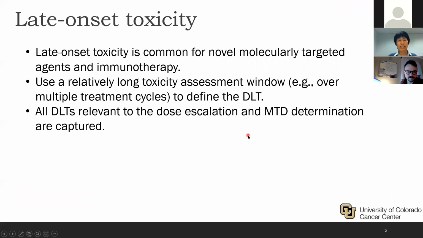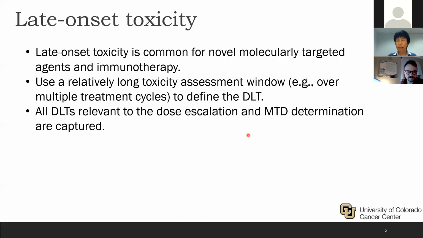Late onset toxicity is common for novel molecularly targeted agents and immune therapy. To accommodate late onset toxicity, we in general use a relatively long toxicity assessment window. For example, the assessment window can span multiple treatment cycles. Without late onset toxicity, the toxicity window can be as short as two weeks.